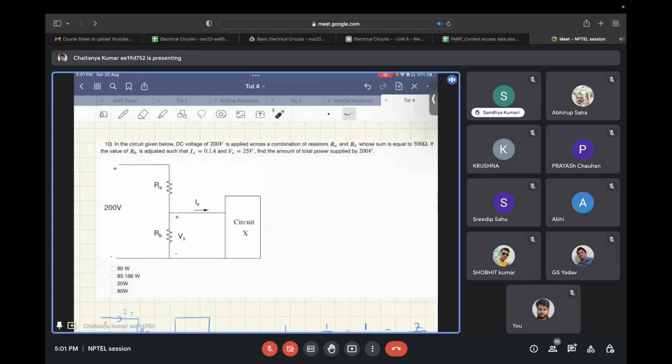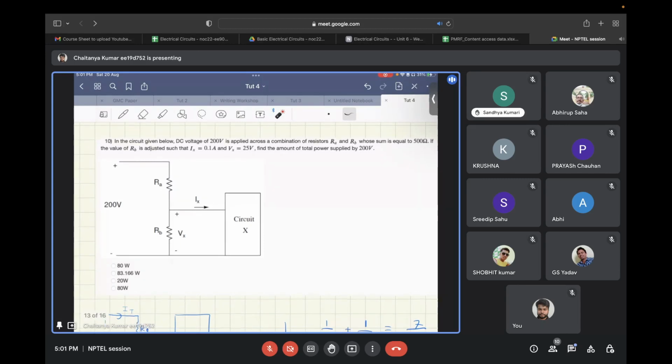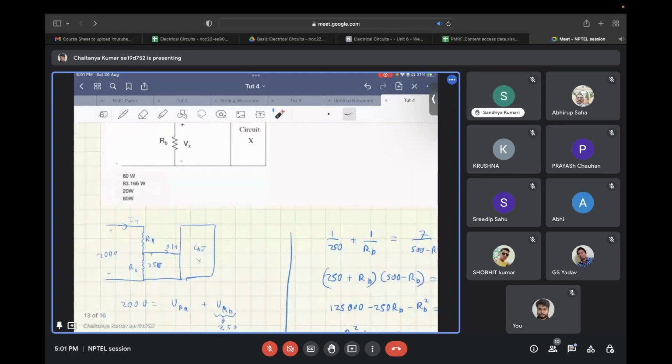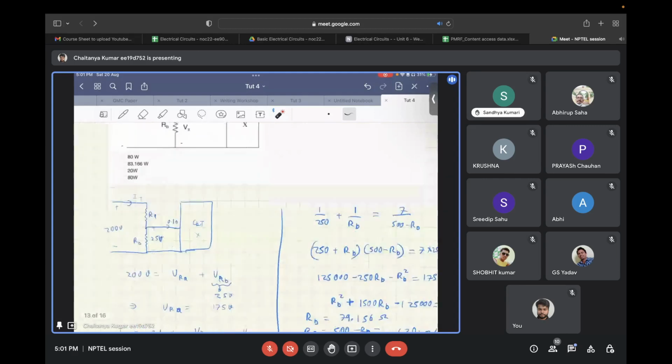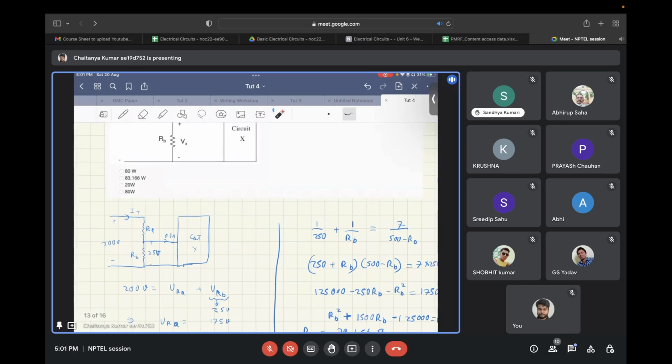Okay, so let's see its solution. What you need to first see is that this 200 volt is across RA and RB. So the voltages VRA and VRB, if you sum them, basically applying the mesh equation in this loop, will be equal to 200 volts.